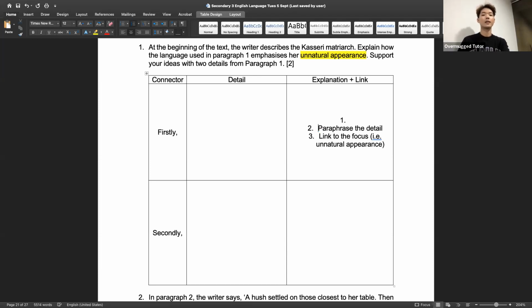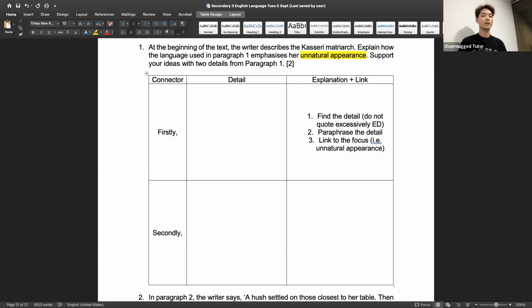Obviously, the first step is to find the detail. Remember, do not quote excessively. Just the main points. Paraphrase the detail that you have found and link it to the focus. Don't just talk about what you want to say. Link it to unnatural appearance.